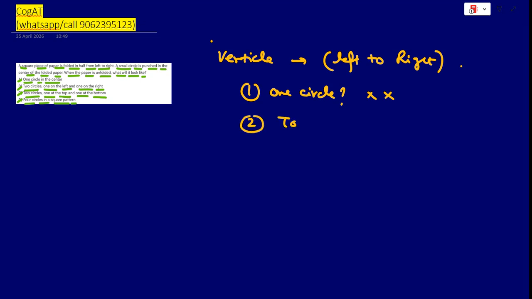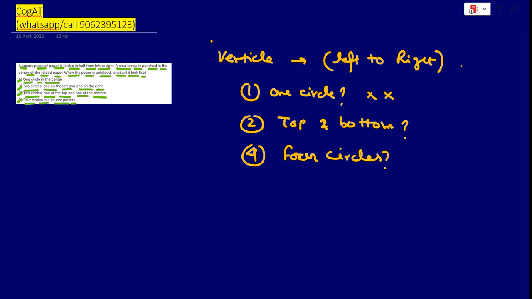Top and bottom? Only if we folded it like a taco, top to bottom. Four circles? No, calm down. We only punched it once.